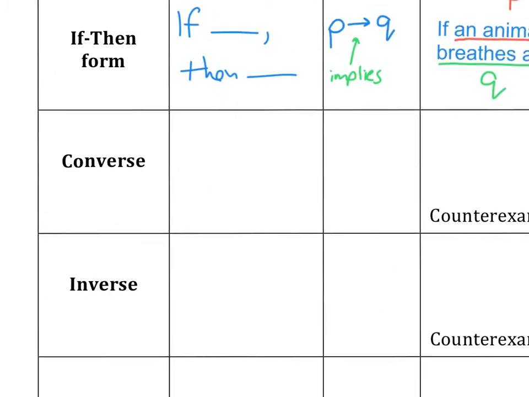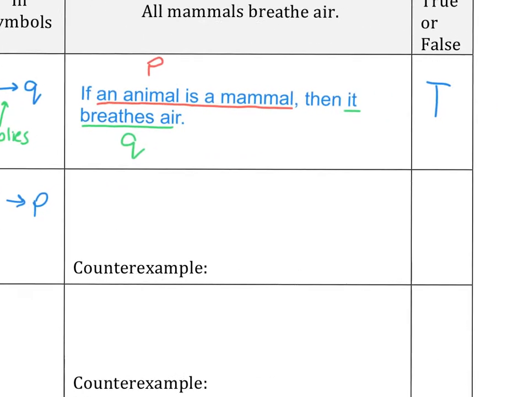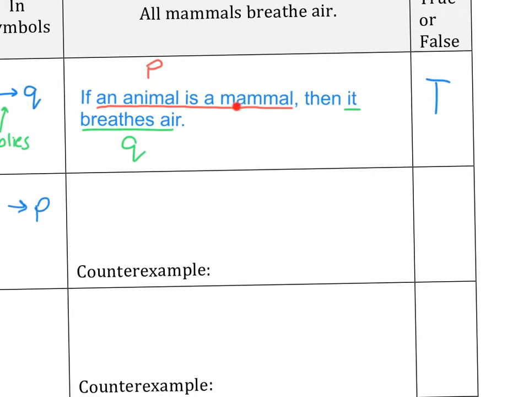Now, what about converse? I like to think about converse as reverse. What's that mean? Reverse. I'm going to reverse the P and the Q. I'm going to switch the P and the Q. In other words, Q comes first, implies P. So how does that look up here? If an animal is a mammal, then it breathes air.